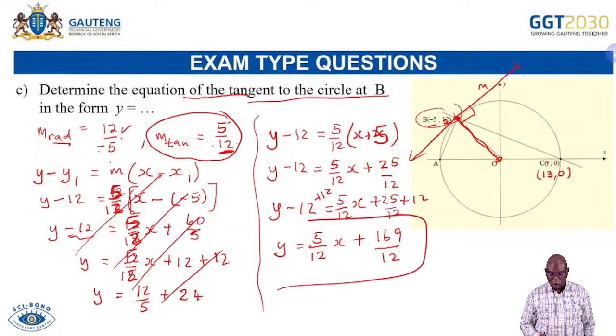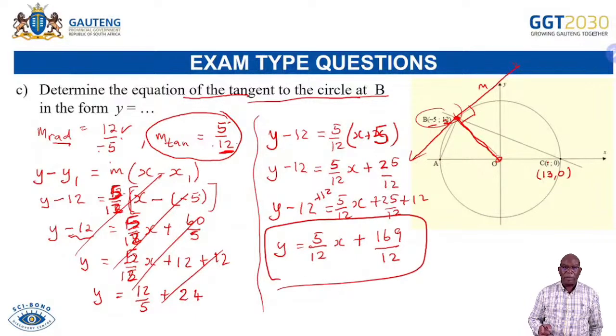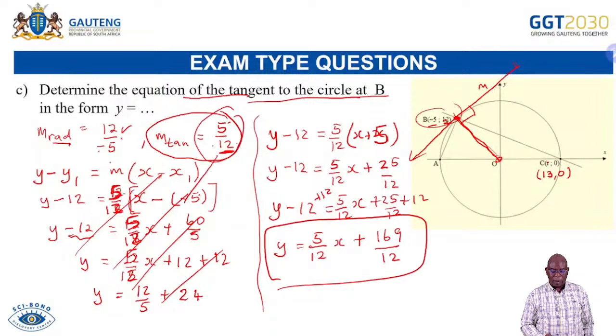So that will be the equation. You see, easy mistakes you can make by substituting the wrong gradient into that sum. The whole thing will be incorrect. So the correct equation will be y equals 5 over 12x plus 169 all over 12. Right. Now, how am I going to sort of question the next question?